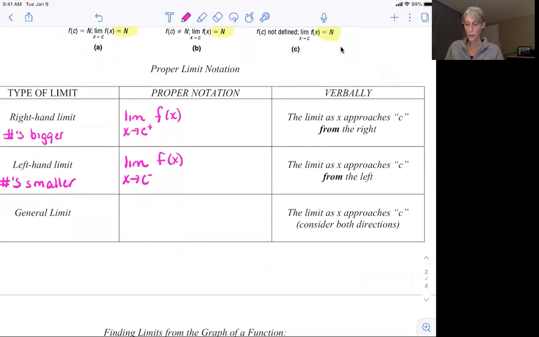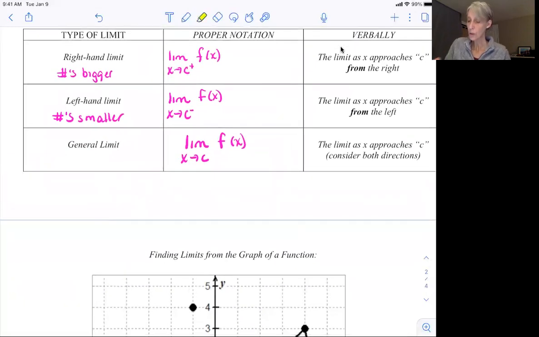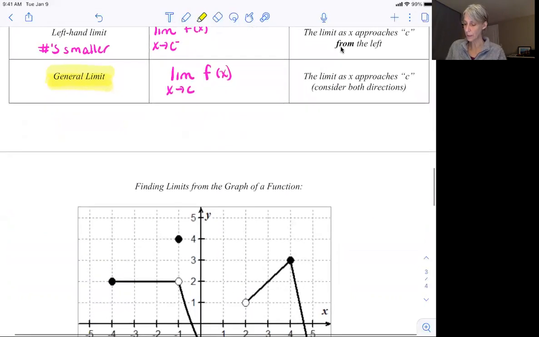And when you compare these two numbers with no sign, like we did in the previous example, we're evaluating the limit as x approaches c. In this case, we need to consider both directions when we're analyzing the graph. Now, in this course, this is mainly the limit we're going to be evaluating, but we just want to be careful if we ever see one of those pluses or minuses.